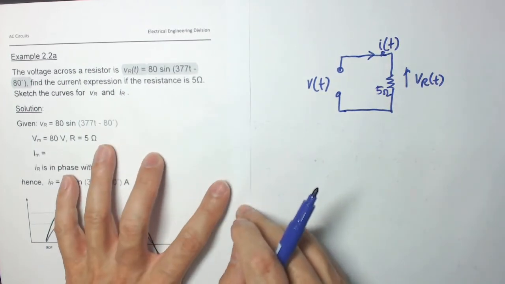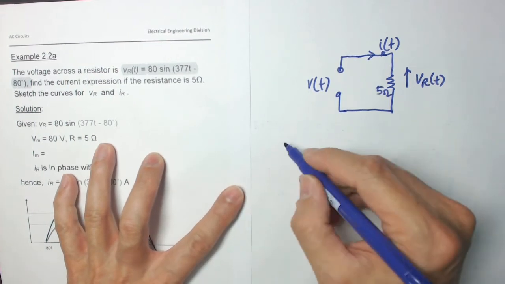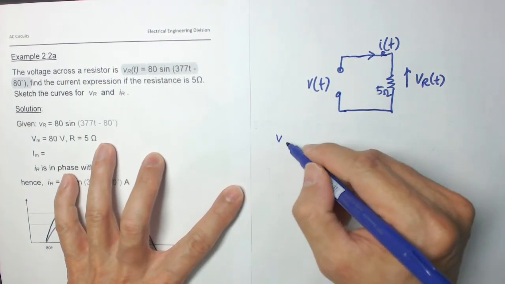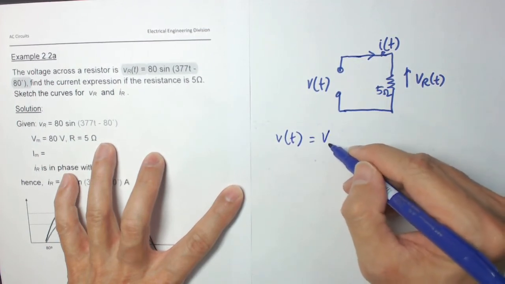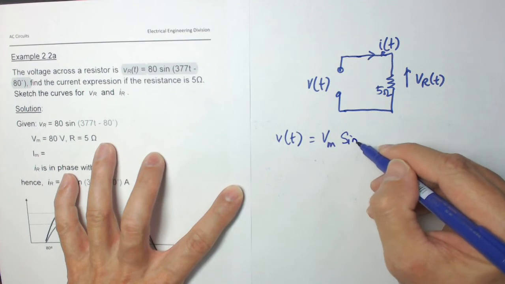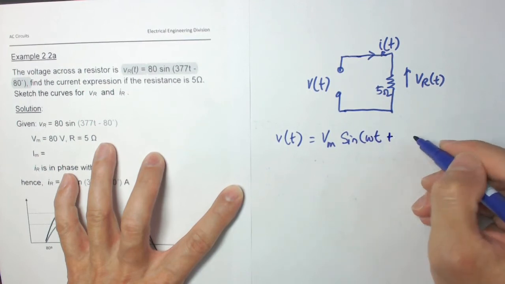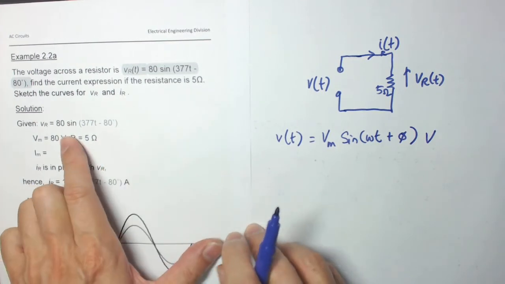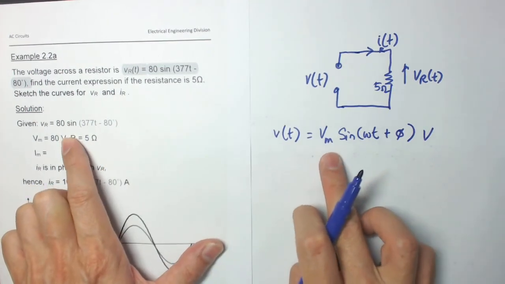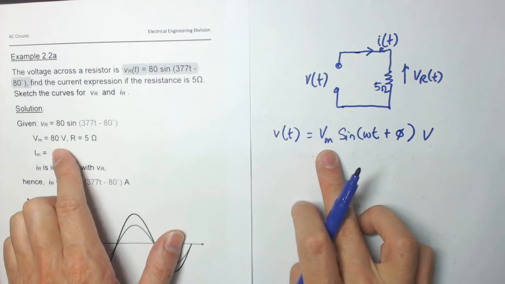So if we were to compare with the typical standard waveform, v(t) is V peak or V maximum, in this case, sin(omega t plus a phase shift). You notice that if I were to compare these two, the V maximum is 80 volt.